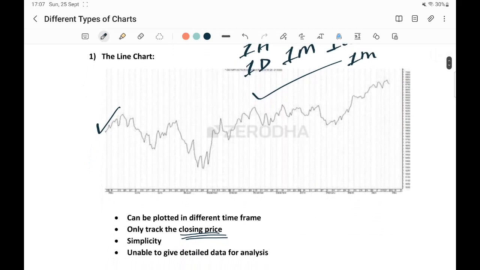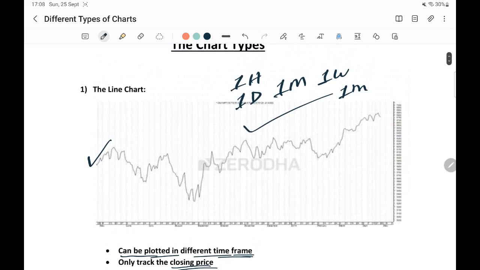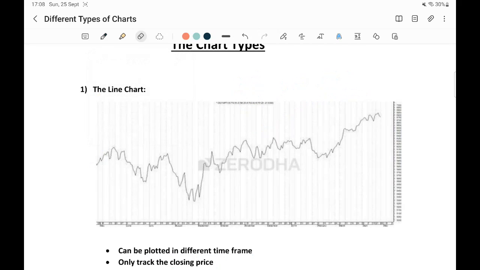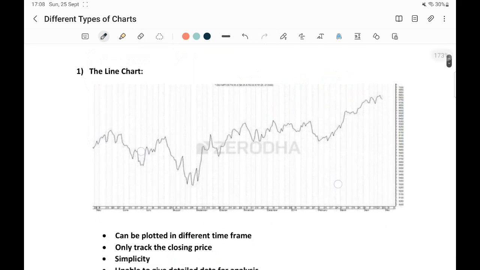So the first benefit of this chart is that it can be plotted in different time frames: weekly, monthly, daily, hourly. That is the first thing.